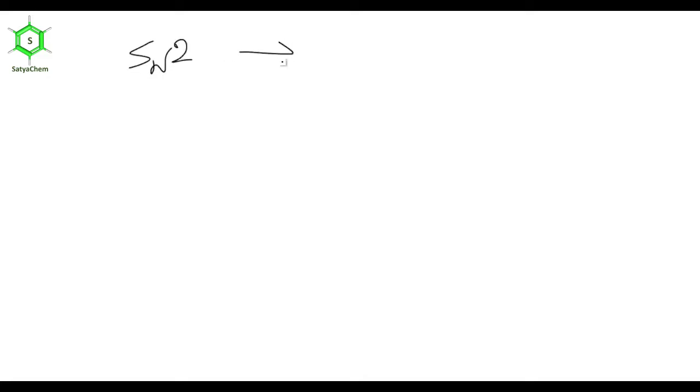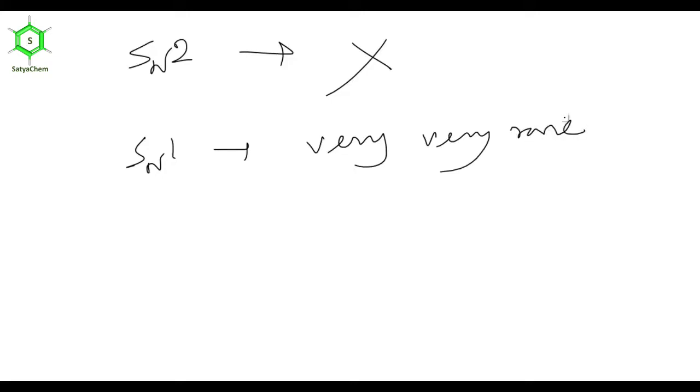Sn2 reaction is most unlikely to happen in case of aryl or vinyl halides, but on very rare occasion, Sn1 reaction may occur, if and only if it contains a super good leaving group like N2+.